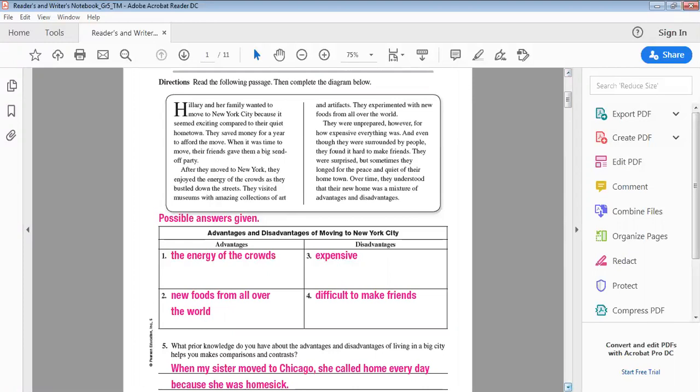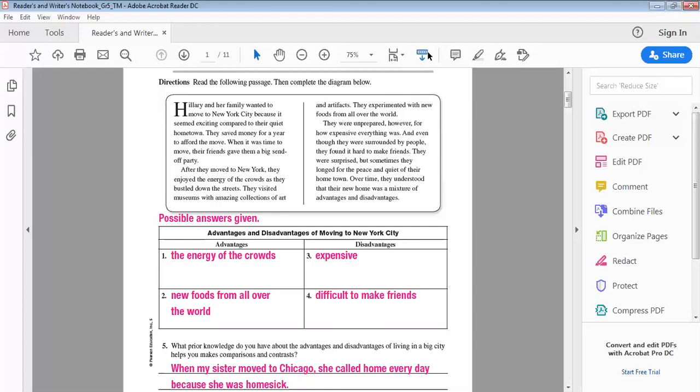This statement shows us the advantages and disadvantages of living in a big city, and that helps us to make comparison and contrast.